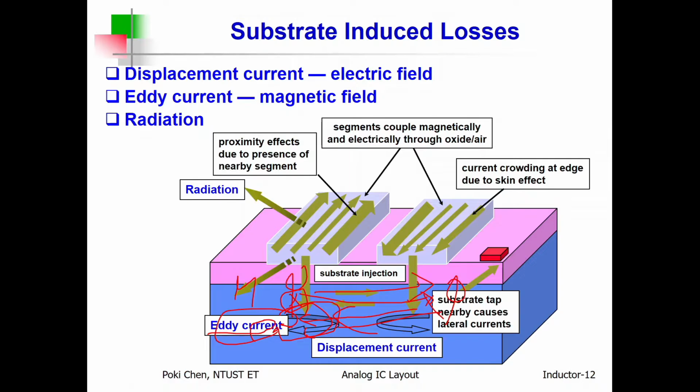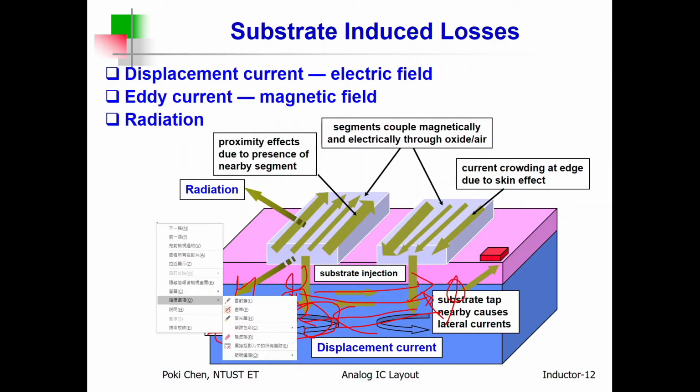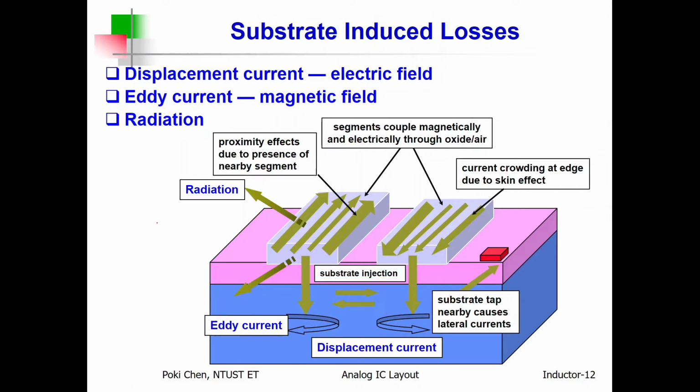All possible. So for such kind of disturbance in the substrate, never mind whether caused by eddy current or displacement current, they both consume some power. And where does it come from? I mean, the power to be wasted.